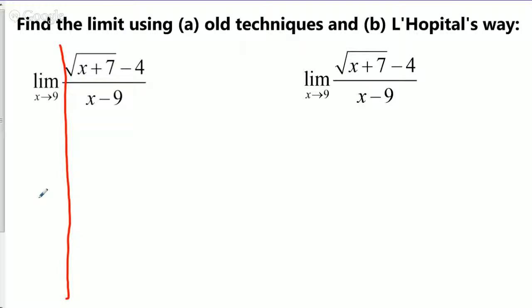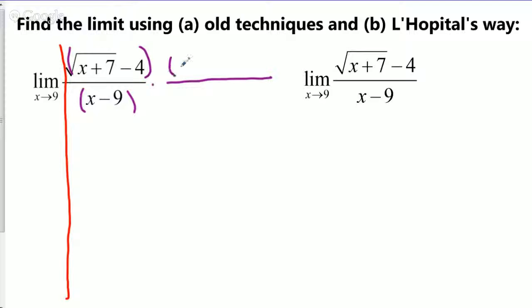Okay. So first thing, even using pre-calc methods, I always want to plug in your a value first. So I have square root of 9 plus 7. Well, 9 plus 7 is 16. So I have square root of 16 minus 4. 4 minus 4 is 0. So I have 0 on top, and I also have 0 on bottom. So how do we remember how we can work with this using pre-calc techniques?